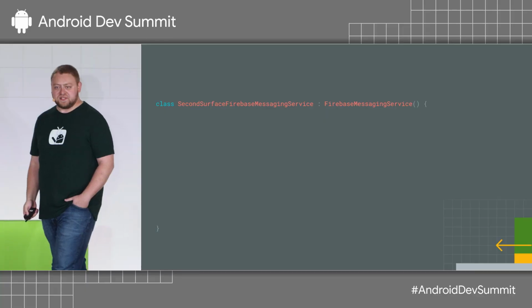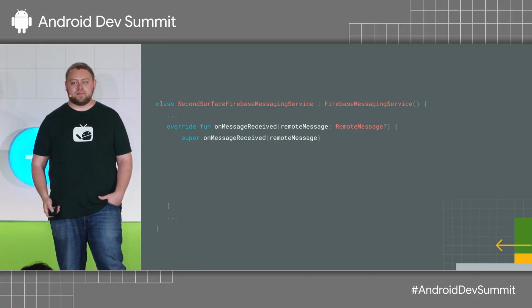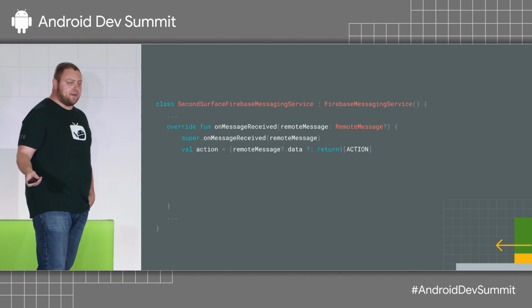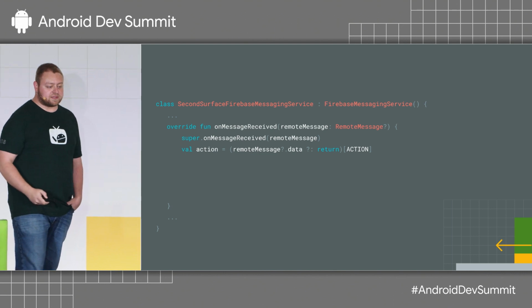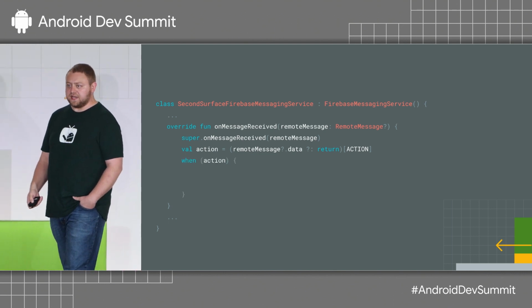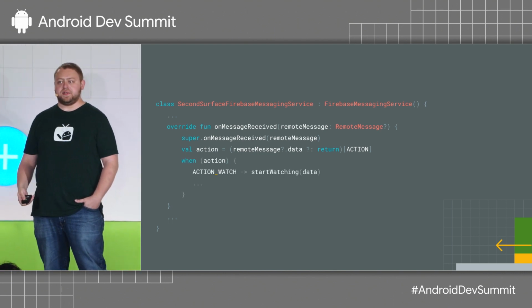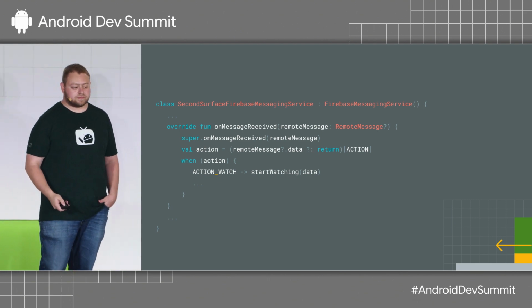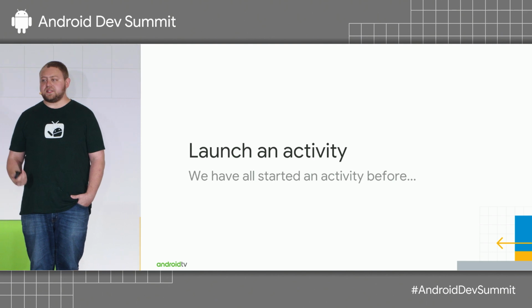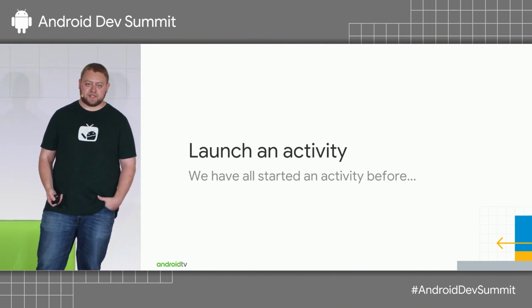What's the worst that can happen? You set up a Firebase messaging service, you receive a message, based on that message, you should have some action. Here's what to do when you receive that message. If that action happens to be, hey, watch this movie or watch this game, start watching, and you're good to go. Start watching literally should launch an activity.